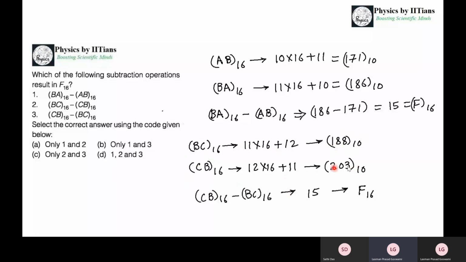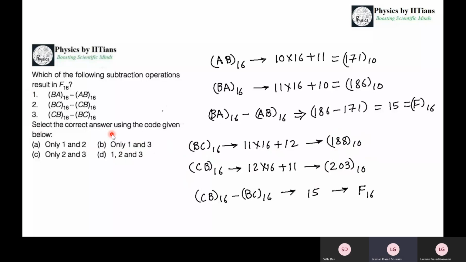So we will subtract this 188 from the 203. So the answer will be 15, that is equivalent to F in the hexadecimal number system. So statements 1 and 3 are correct. So the answer will be 1 and 3. Option B will be the correct answer of this question.